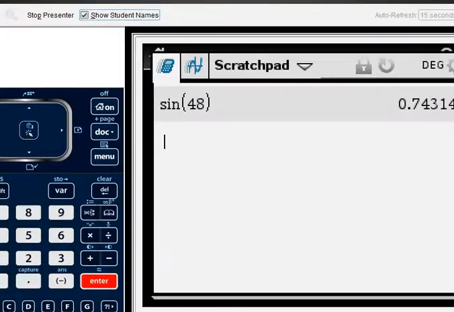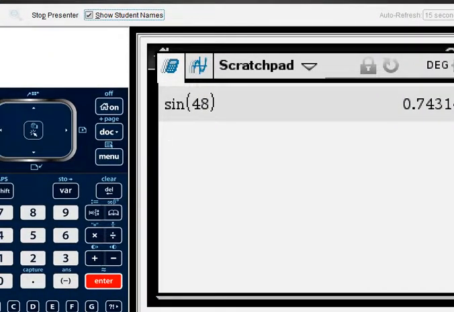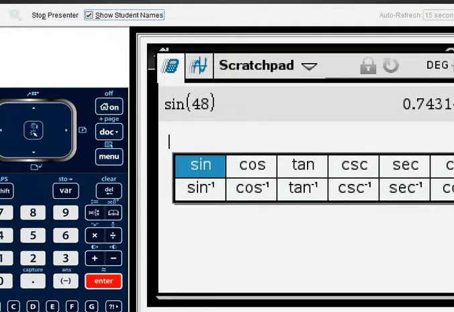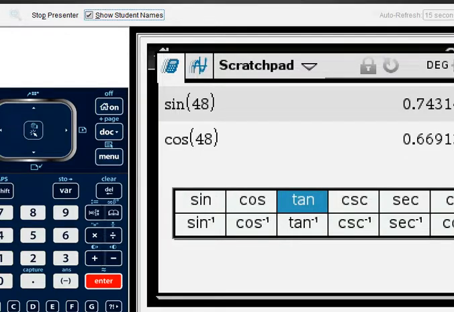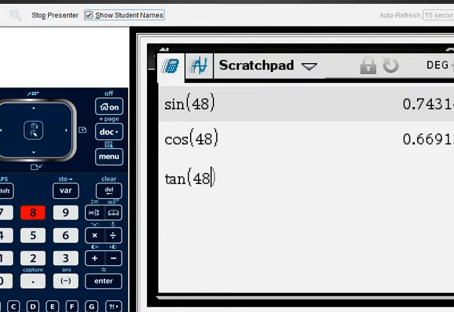That's as small as I can make this. All right, we're going to go cosine. So we hit trig button. Do you guys see where the trig button is under the blue button? Or you guys have a yellow button? I'm going to do cosine this time. And I'm just going to type in 48 because it's the angle I'm dealing with. Gives me the answer right there. And then I hit trig button, tan, 48.